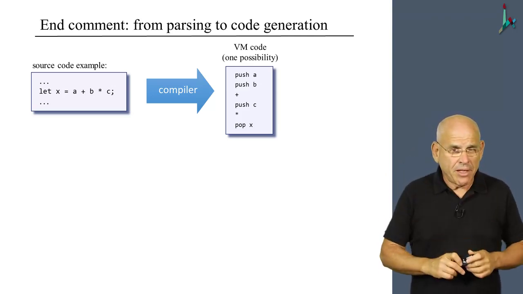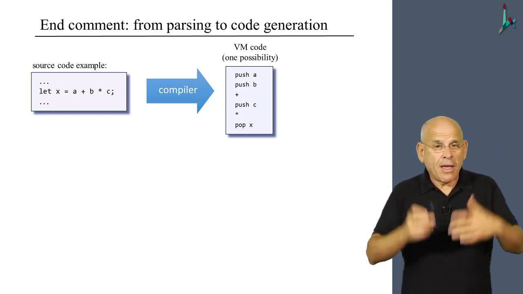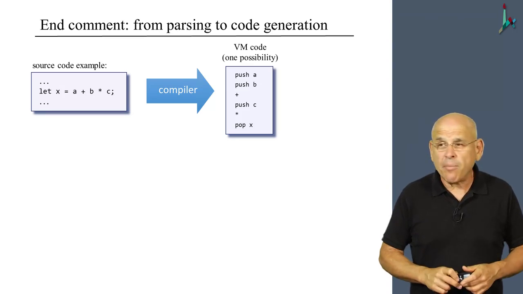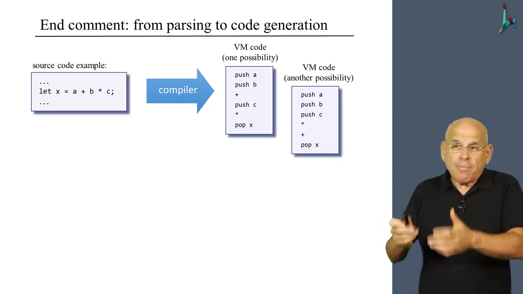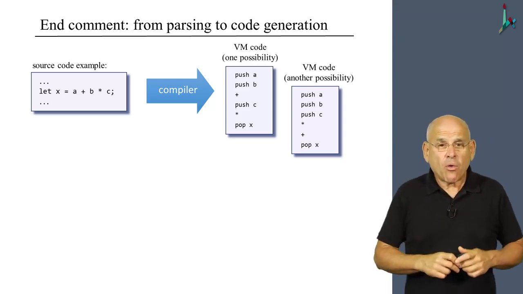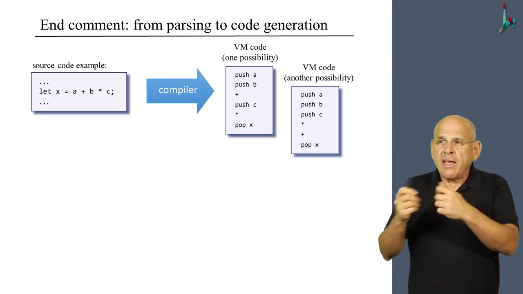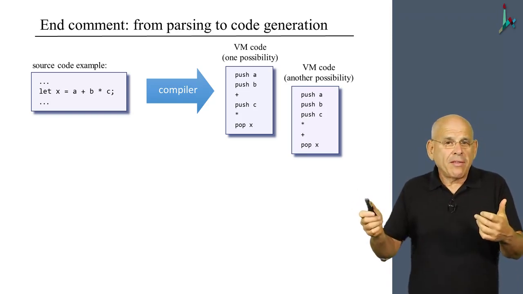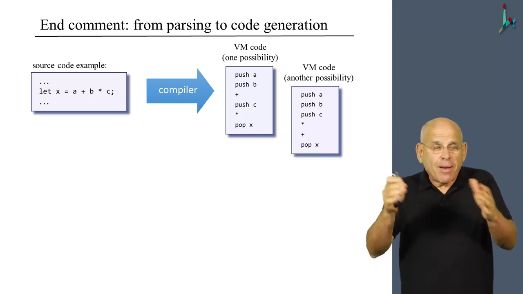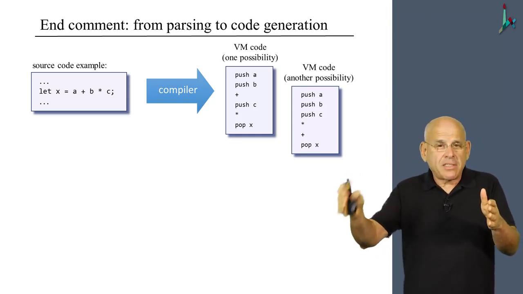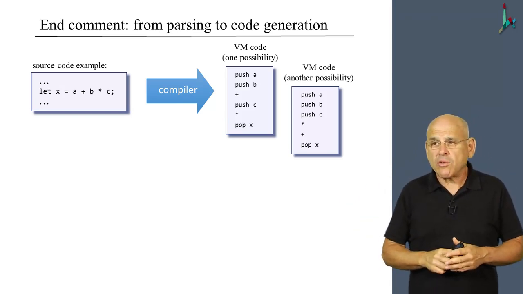That's one possibility. I called it version 1. Another compiler, written by perhaps a different student or a different developer, may well produce this version, which happens to be, in this example, algebraically correct. Okay? So what's the difference between version 1 and version 2? In version 1, we go from left to right, and we look at this expression as (A plus B) times C. So we associate operators to the left, so to speak.